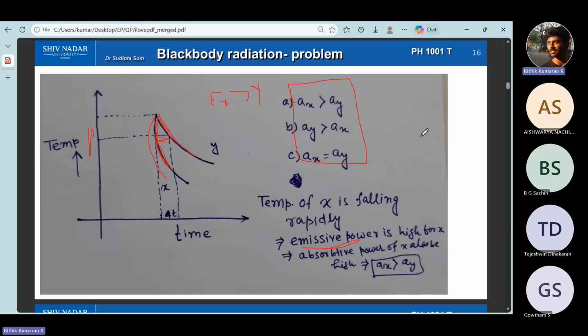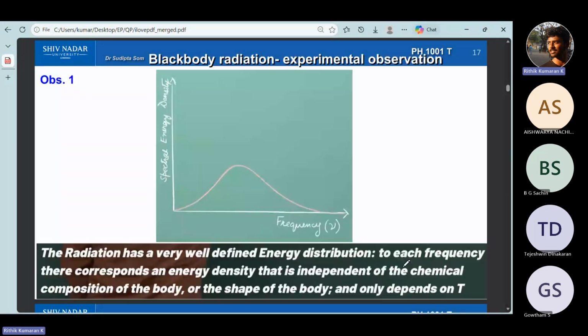So if a body is a good emitter, to make it a constant value, it should be a good absorber also. Are you able to get it? So a good emitter will be a good absorber also. So here, what is the good emitter? It's obviously X from the graph. So you could say it would also have a greater absorptive power. So option A here would be the right option. So that is what the statement below states.